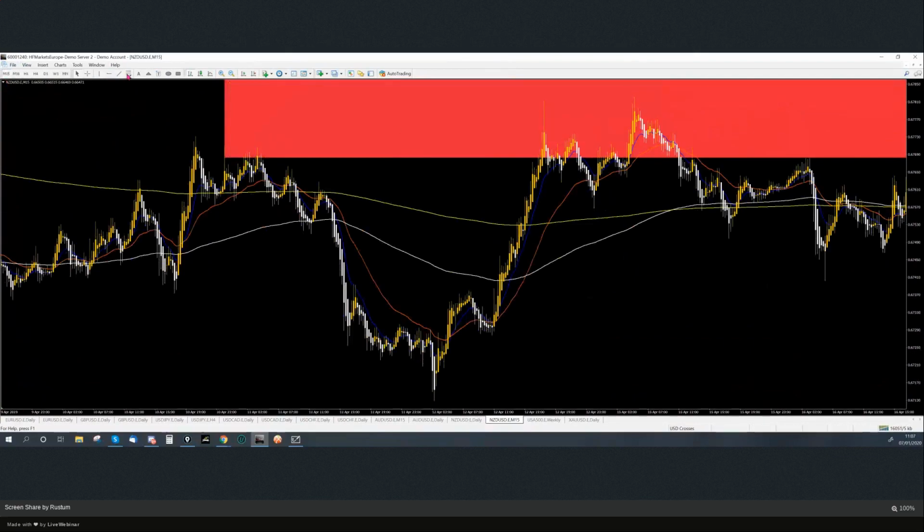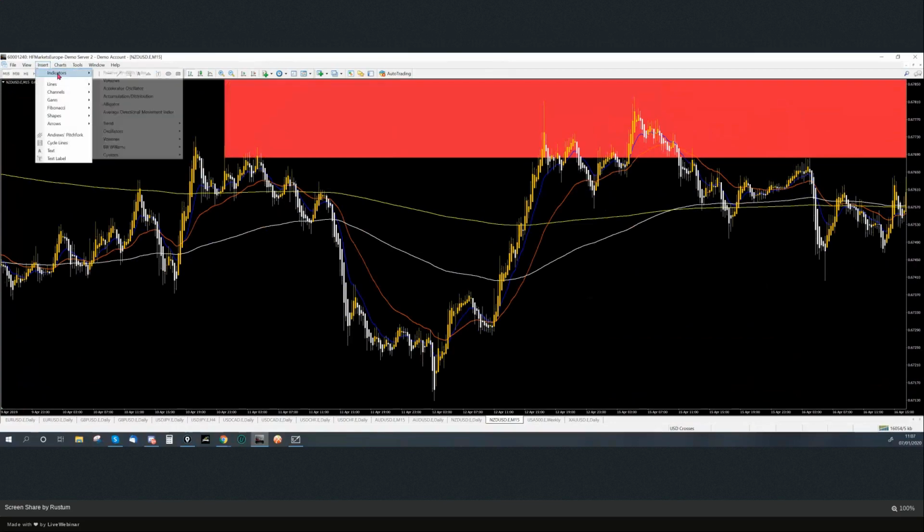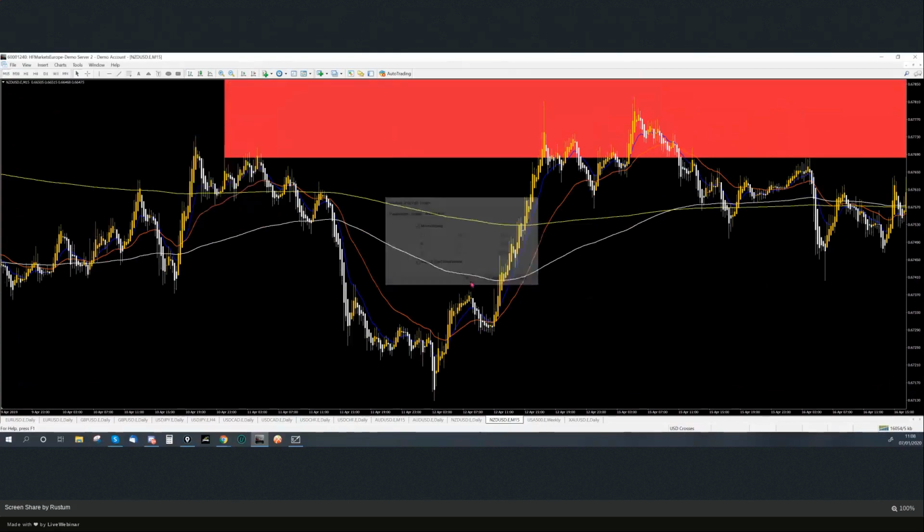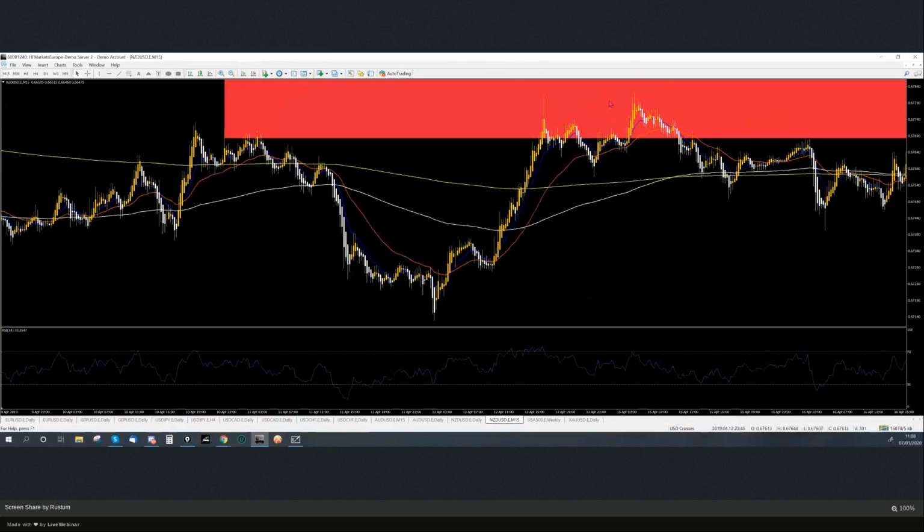Let's have a look quickly. That probably is a divergence. Let me see. Yeah, prices are going higher there, and there we have a divergence. So we'd be looking to short it in that area.